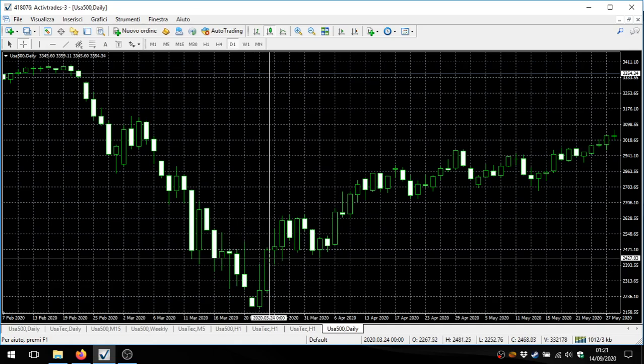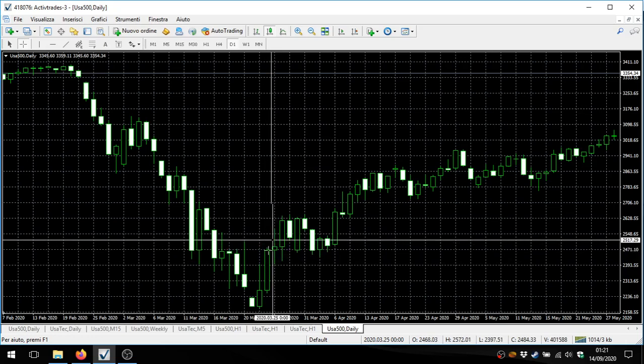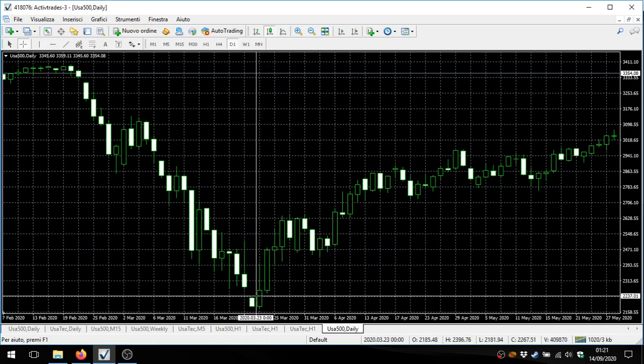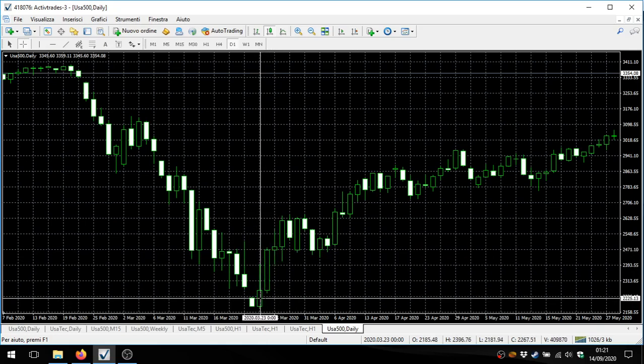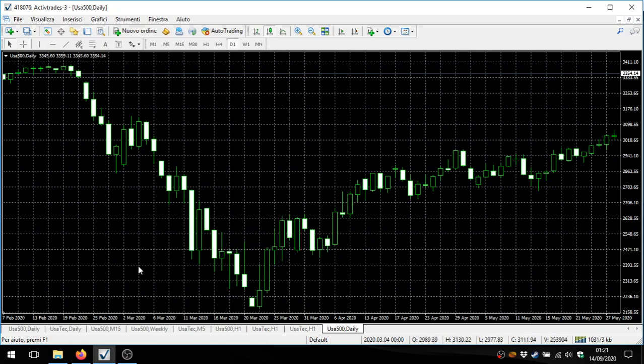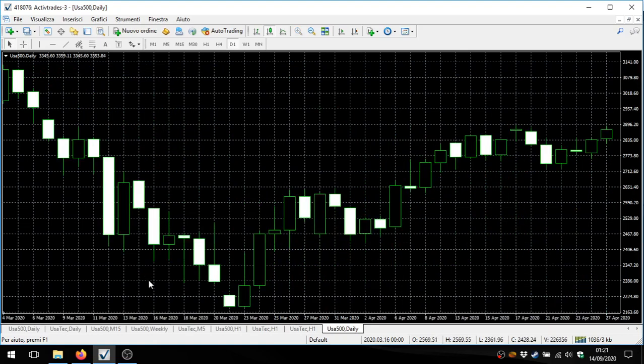Obviously you can't expect a straight continuation of the price after such a rally, and in fact, on the third day after the bottom in March, we have this particular day that, as you can see, is a very thin candle with a huge shadow above and below.